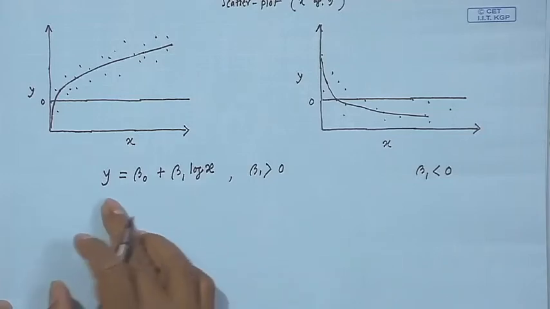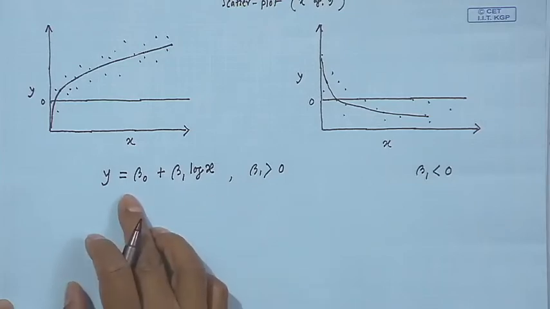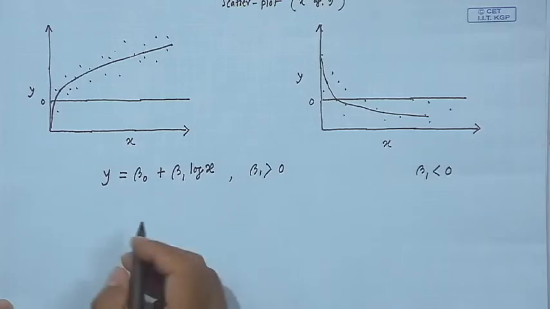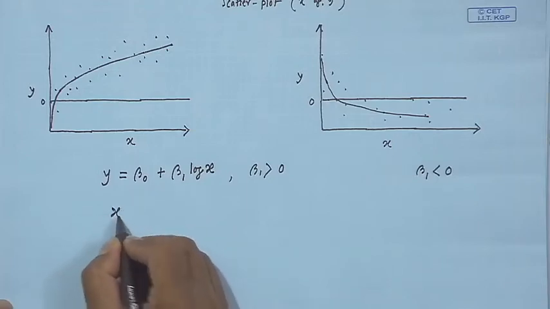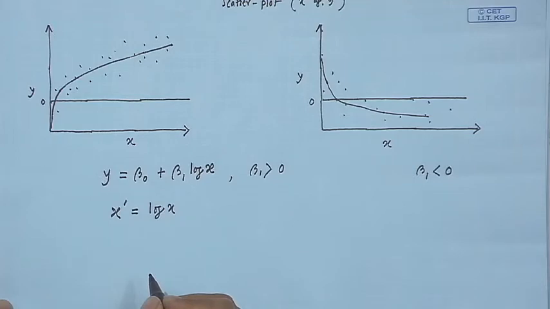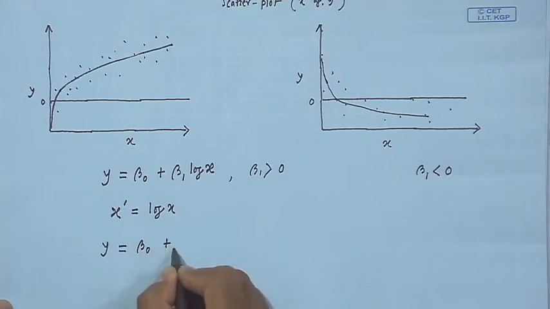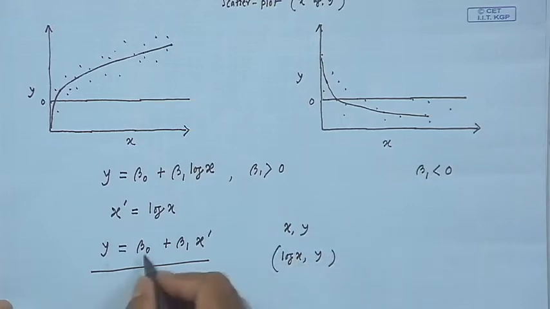Okay. And it's very easy to realize that this is a linearizable function, because you just take the transformation x prime equal to log x, and then the model becomes y equal to beta naught plus beta 1 x prime. So, given the data x y, you transform that to log x, y and fit this linear model.